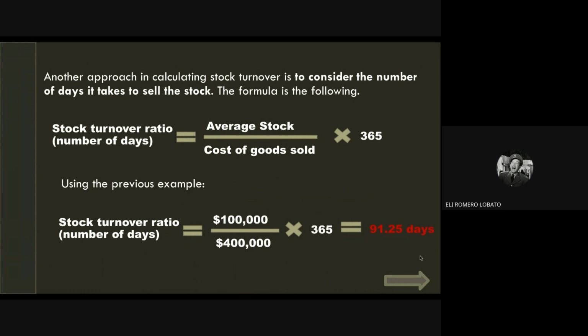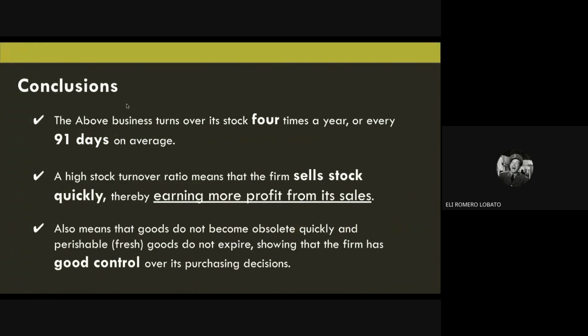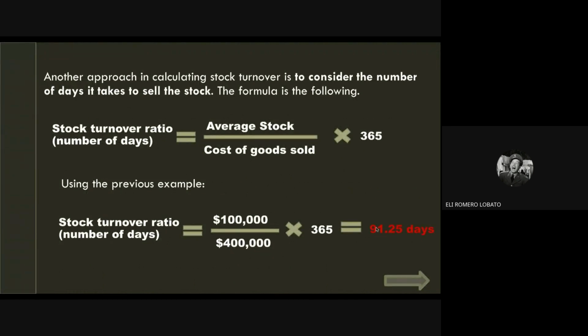And that's why we got 91.25 days. Okay, so these are the conclusions. The business turns over, talking about times a year, 4, or every 92 days in this case.